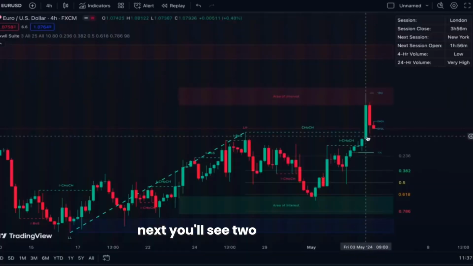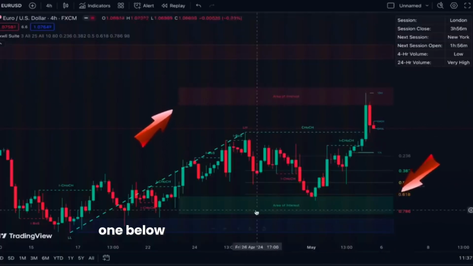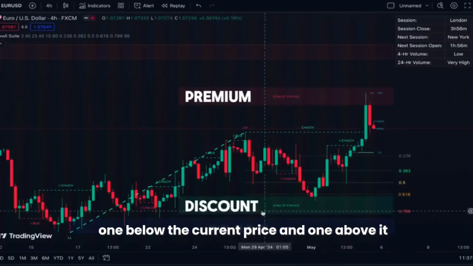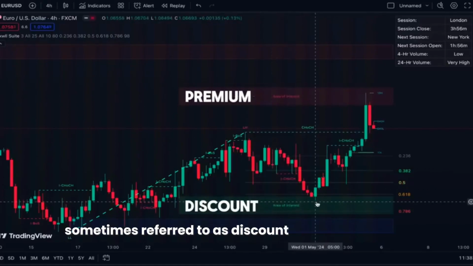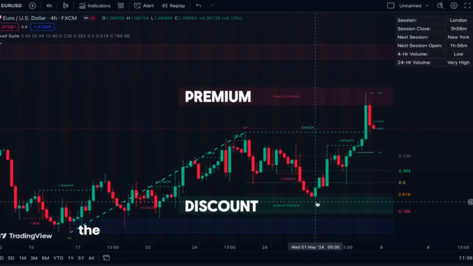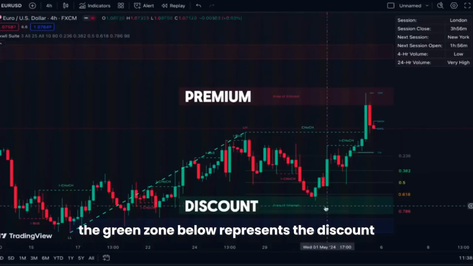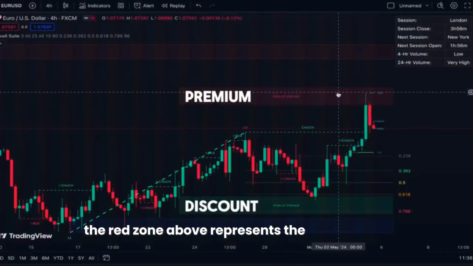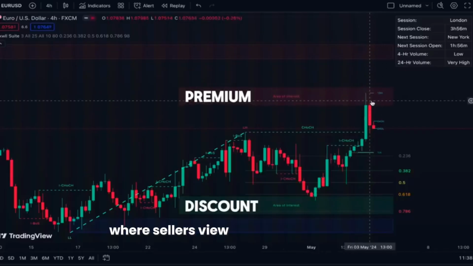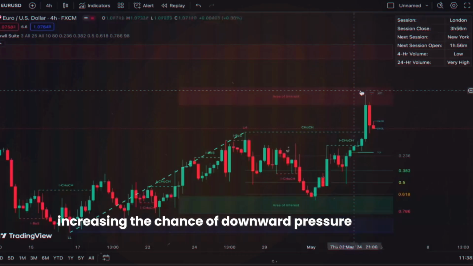Next, you'll see two shaded areas, one below the current price and one above it. These are the areas of interest, sometimes referred to as discount and premium zones. The green zone below represents the discount area, where buyers view the price as cheap, increasing the likelihood of bullish interest. The red zone above represents the premium area, where sellers view the price as expensive, increasing the chance of downward pressure.